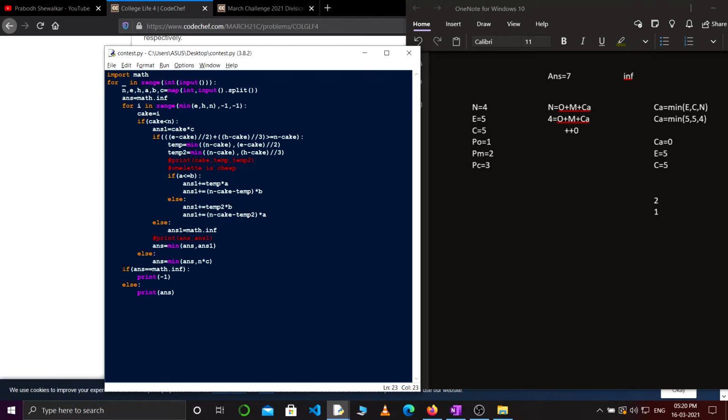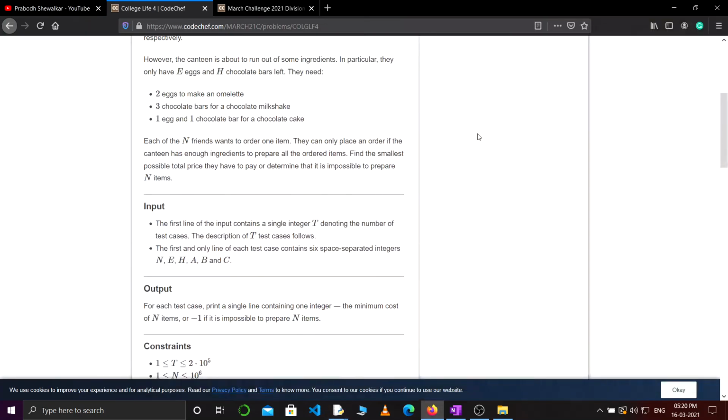And finally I'm just checking if my answer is infinity, which indicates that there was no combination for which this condition holds. Okay, so if that's the case, then I'll just print -1, which shows that there is no combination for which we can buy the items. And if it's not the case, then we'll just print our answer. Okay, so let's try to run our code.